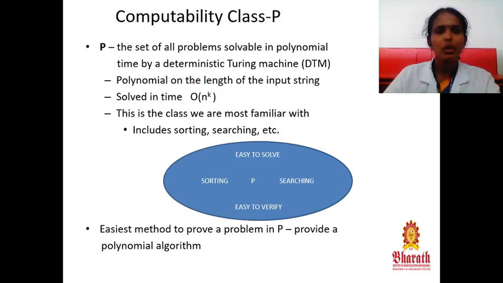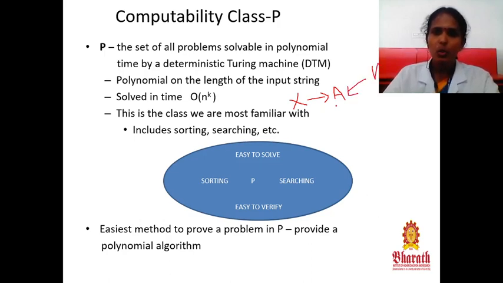So what do you mean by deterministic Turing machine? If a problem has an algorithm whose time complexity is polynomial, we can say it is a polynomial problem. Consider x is a problem, and for that problem I am deriving an algorithm. Consider a search algorithm for n inputs.